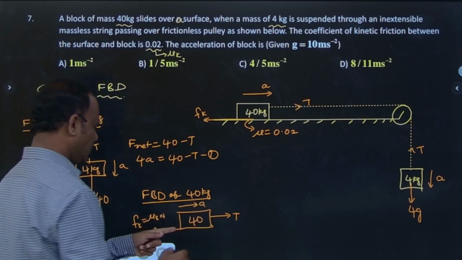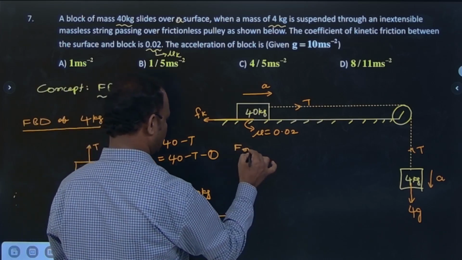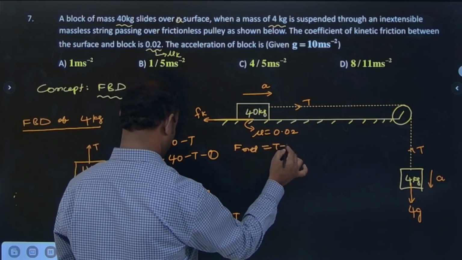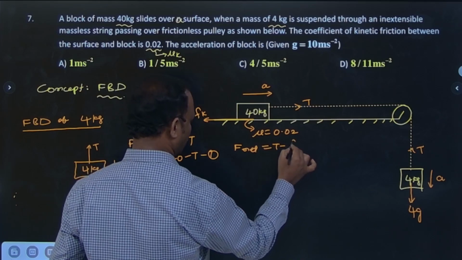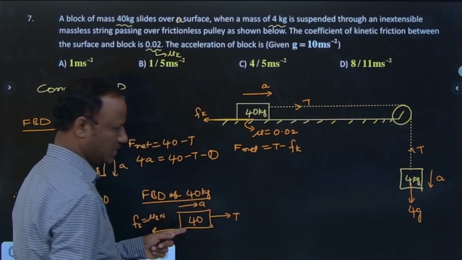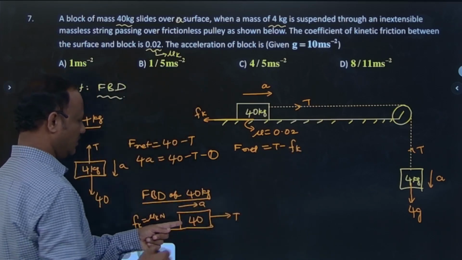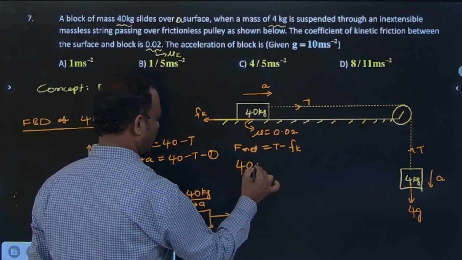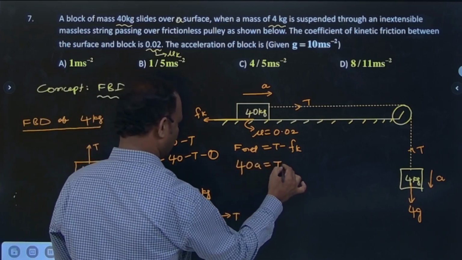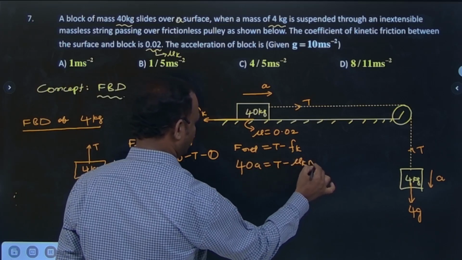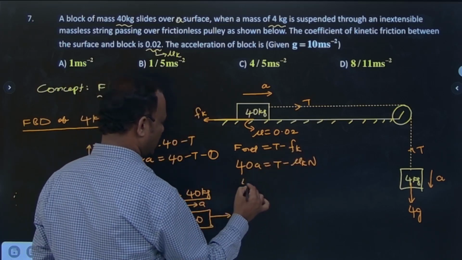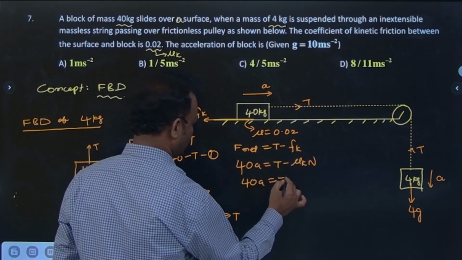Now F net is T minus Fk. Net force is ma. So 40a equals T minus Fk, which is mu k into N.